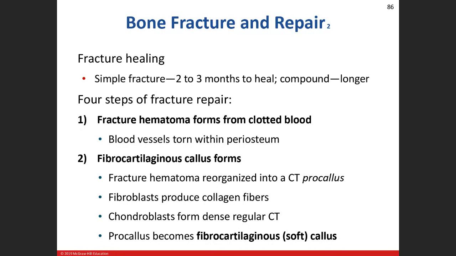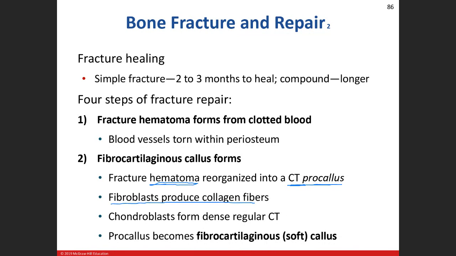Okay, so we're going to get kind of what we call the procallus phase, but it's going to be that cartilaginous tissue here, along with, guess what? There are fibroblasts, and that's great because fibroblasts produce collagen. Collagen is going to add security and strength to that area there. So what will happen is that hematoma, that big scab there, is going to reorganize itself.